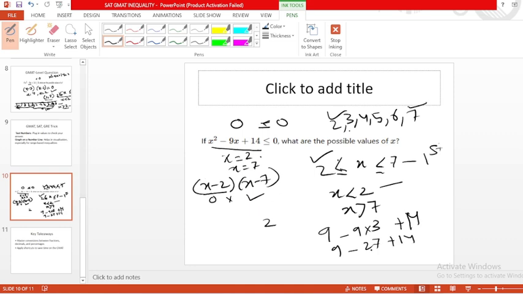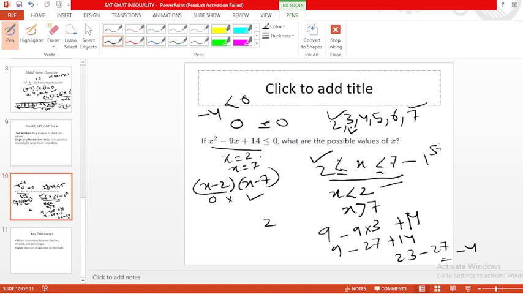So you are going to get a negative value, because 14 plus 9 is 23, minus 27. Finally you get minus 4 on this side. Is it less than 0? Yes, it is less than 0. So 3, which is a value in between our solution set 2 and 7, is also satisfying.